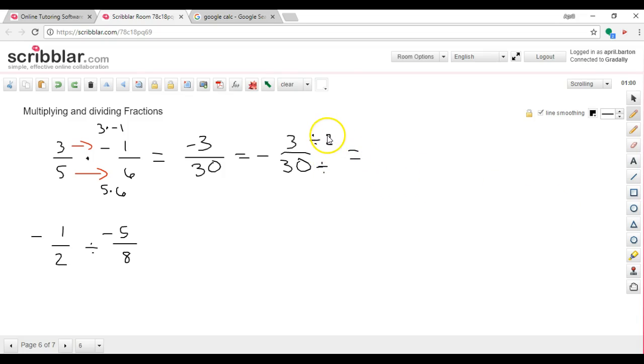So both of these can divide by 3. If your answer is not 2 to reduce, the other part of the time, it's probably 3. There's definitely different numbers that will work, but 90% of the time, 2 or 3 is going to be the way this divides. So 3 divided by 3 gives you 1, and 30 divided by 3 is 10.